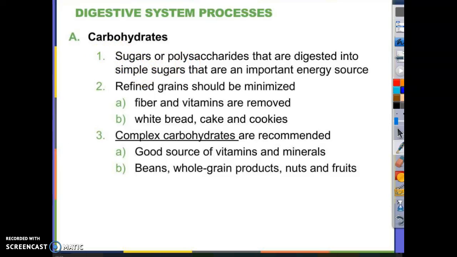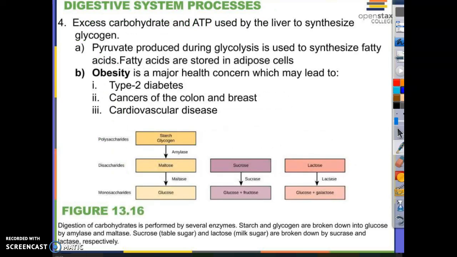I think we talked about that earlier, or maybe it was last semester, but I know you hear it a lot in health class and so on. As far as health and wellness, we know that excess carbohydrates do end up being stored as fat.